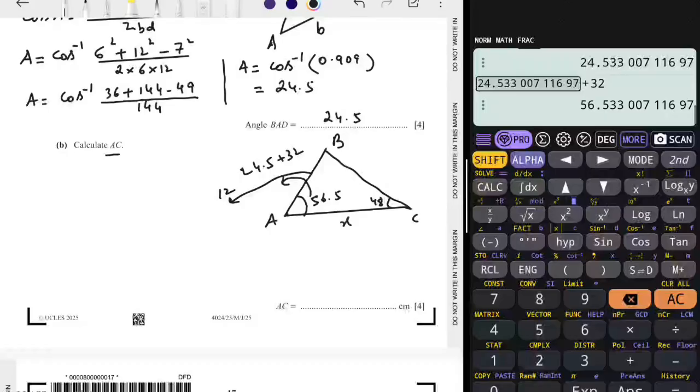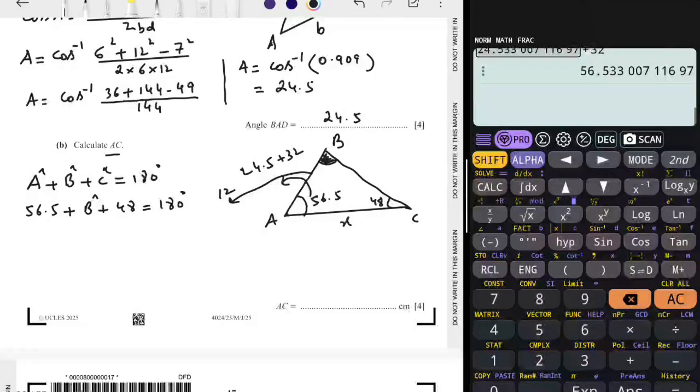For that purpose, first of all, we have to find out this missing angle, and that is unknown. And we know that the sum of interior angles of a triangle is equal to 180 degrees. So we are going to add up the given angles and subtract from 180 degrees. So angle A is 56.5, angle B is unknown, and angle C is 48, and the sum is equal to 180 degrees.